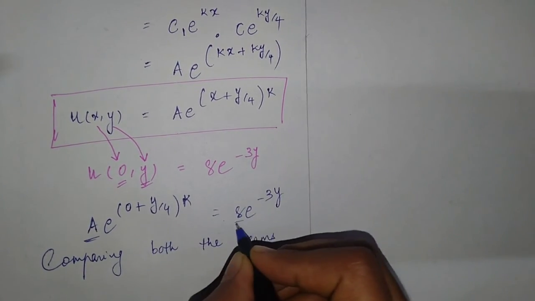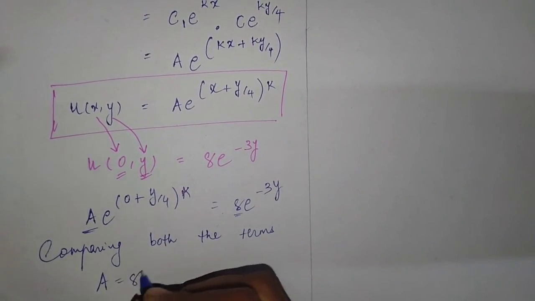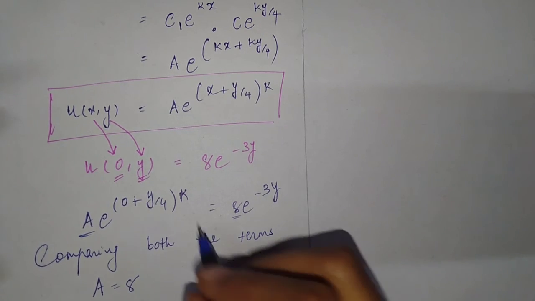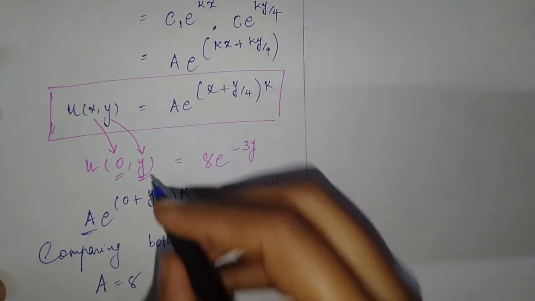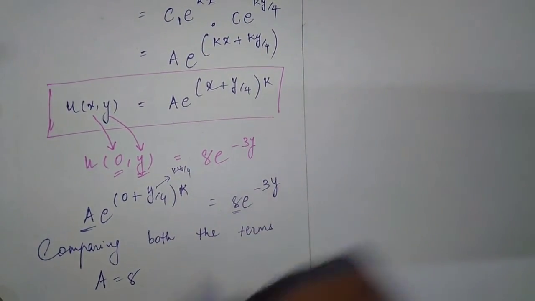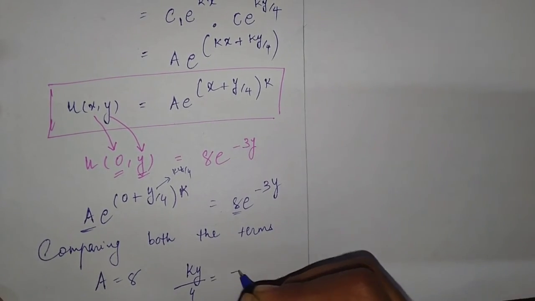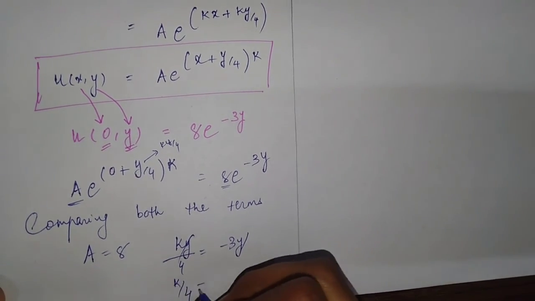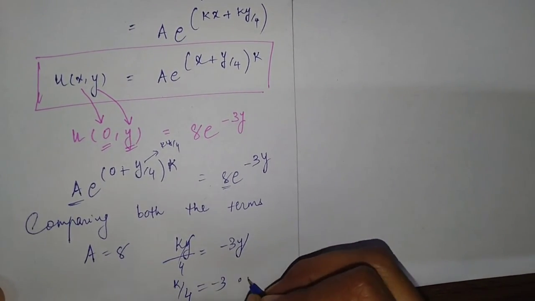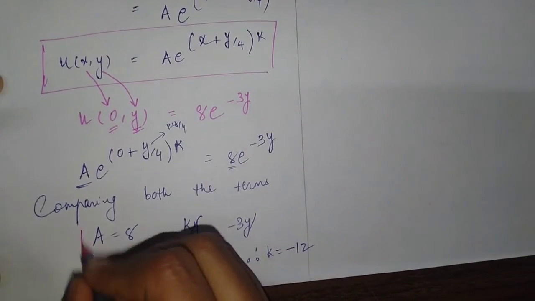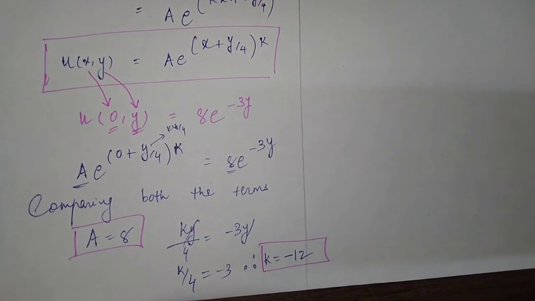We got a equal to 8, that is the value of a. And we got ky by 4 equal to minus 3y. Then y and y will get cancelled. So I got k by 4 equal to minus 3, and therefore k equal to minus 12. So we got the value of a and we got the value of k.